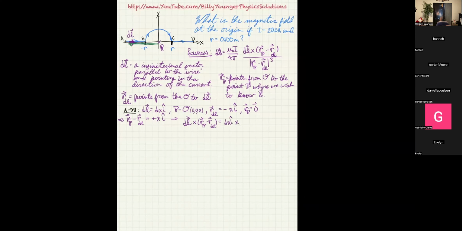Now we're going to cross that with x I hat. Can anybody tell me what the cross product of x I hat is with dx I hat? Or can you tell me anything about those two vectors that would help us figure out the cross product?